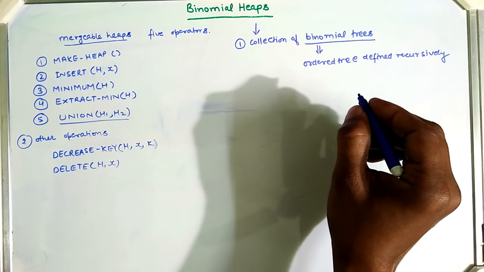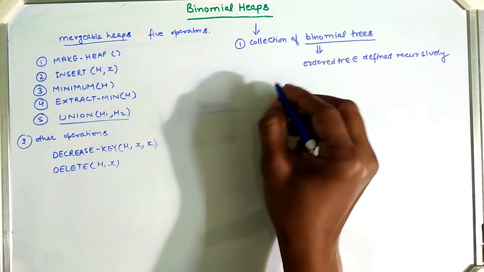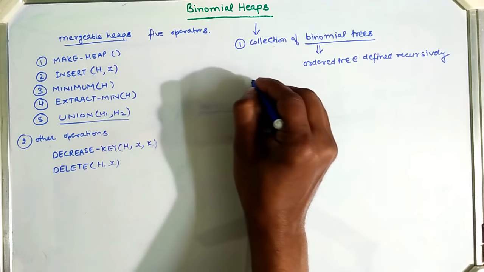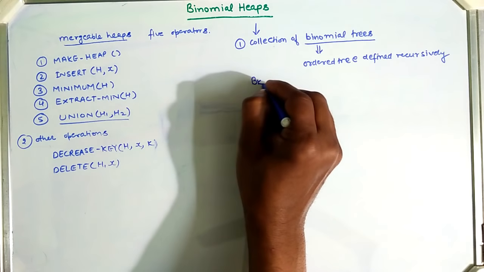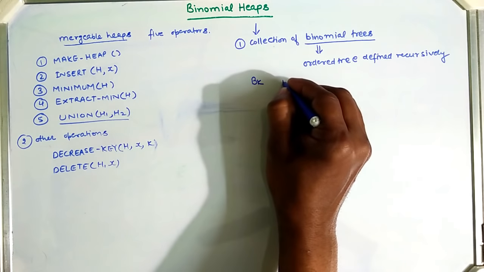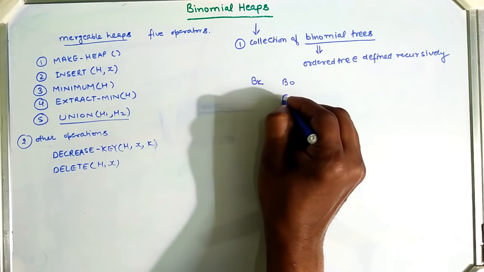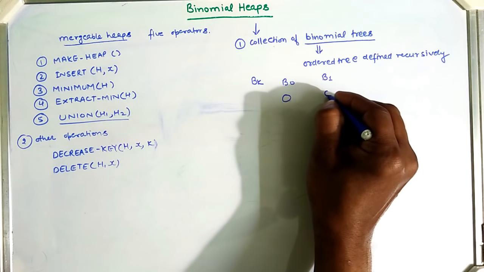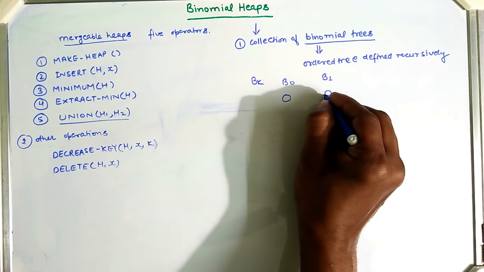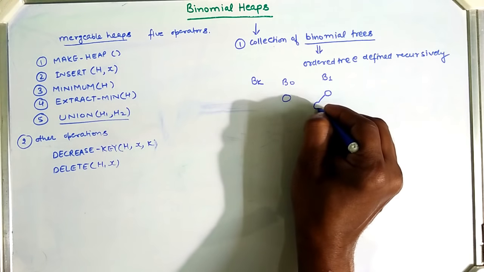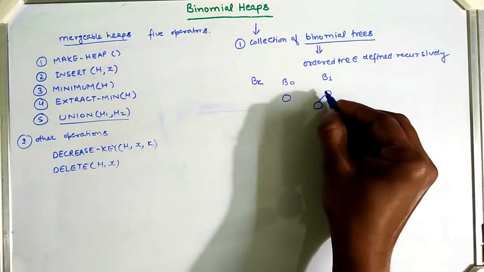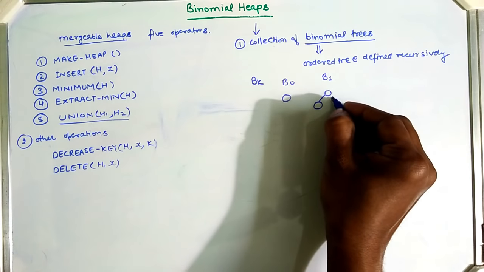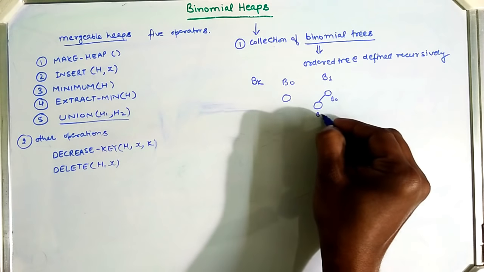Recursively in the sense that, suppose we need to define a binomial tree Bk. For example, binomial tree B0 contains only one node. Binomial tree B1 contains a B0 node, and to the left of it a child which is also a B0 node, so it is a collection of two B0 nodes.